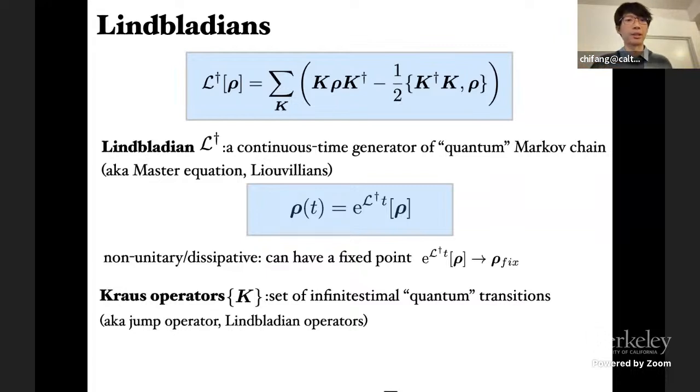And what you get in the end, when you act this Lindbladian on your quantum state, is a continuous family of Markov states that's parametrized by exponential Lt. It's different from unitary dynamics, as these maps could have a fixed point that just shrinks every input state to one fixed point. For those of you who are more familiar with quantum channels, this is really the continuous version, and you can see this cross operator looks kind of similar, but now it has a second term.